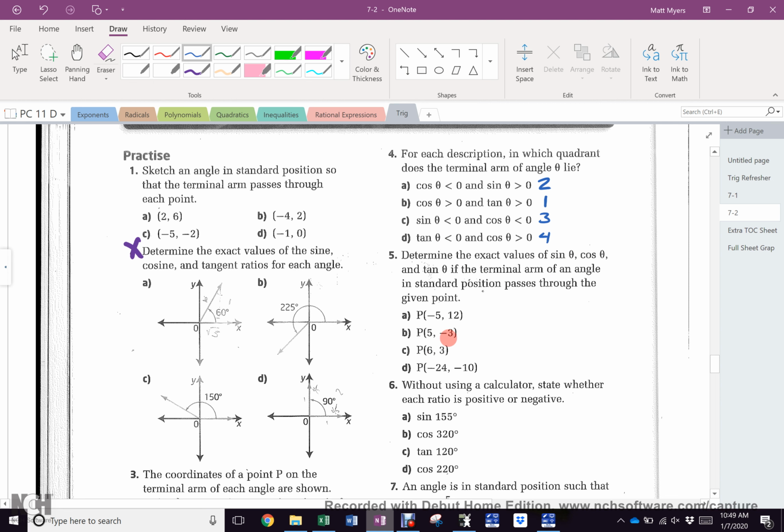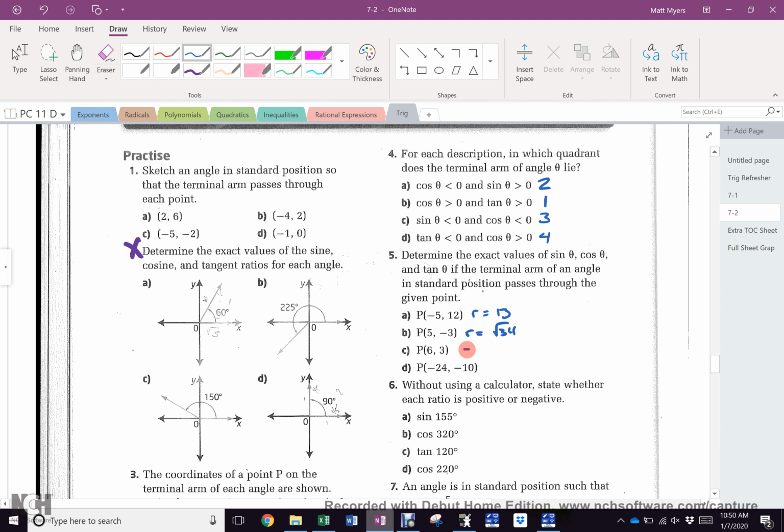This is exactly what you did in number 3, right? I think. Number 3. Yes. So first you find the R, which is 13, and then you do sine, cos, tan with X, Y, and R. Once I found the R, you should be okay, yeah? The R here is 25 plus 9, root 34.